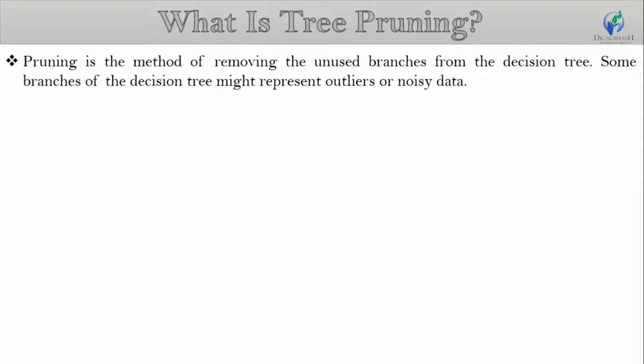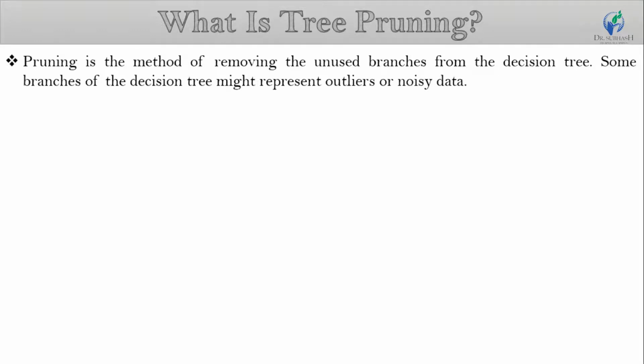Tree pruning is the method to reduce the unwanted branches of the tree. This will reduce the complexity of the tree and help in effective predictive analysis. It reduces overfitting as it removes the unimportant branches from the tree. So this is all about tree pruning.